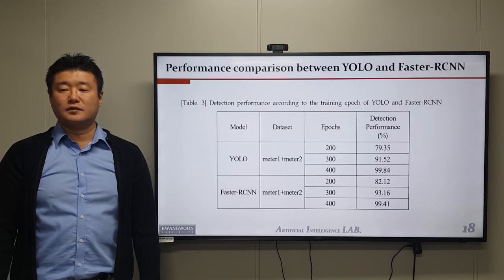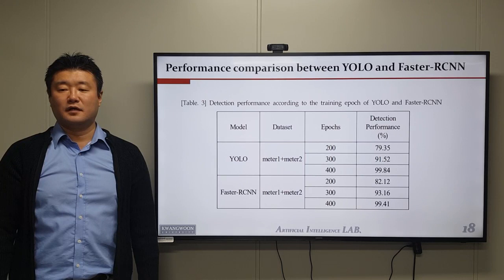Table 3 shows the detection performance when training 200, 300, and 400 epochs. Detection performance improved up to 400 epochs. After that, it did not increase anymore.